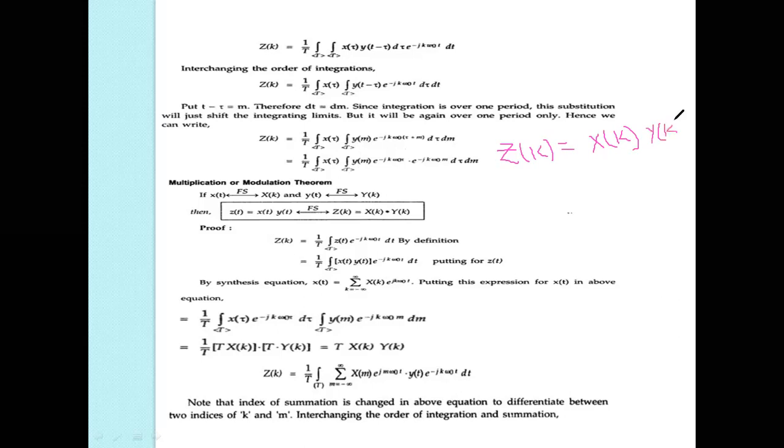There is no 1 by T, so keep the 1 by T here and multiply by T for this total function. Then T into x of k, y of k. Z of k is equal to x of k, y of k into T.